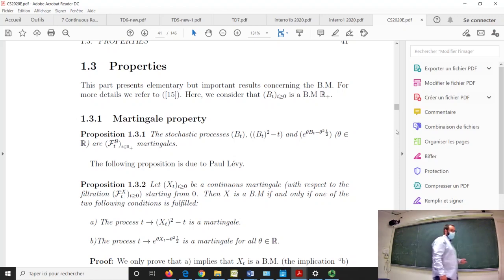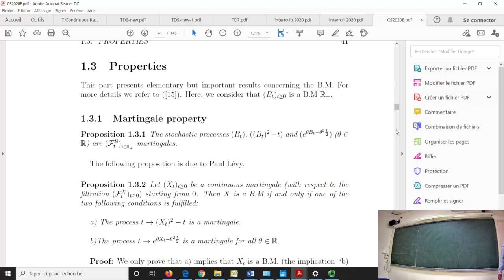I can also see that the Brownian motion B_t is Gaussian, so B_t is in L2, so it is in L1. B_t squared is in L1 as well. So I have mappings that are in L1, and in the definition of a martingale I need to be in L1 because I want to be able to compute the conditional expectation, which is defined for a random variable in L1. And why is this exponential also in L1? What is the Gaussian density?